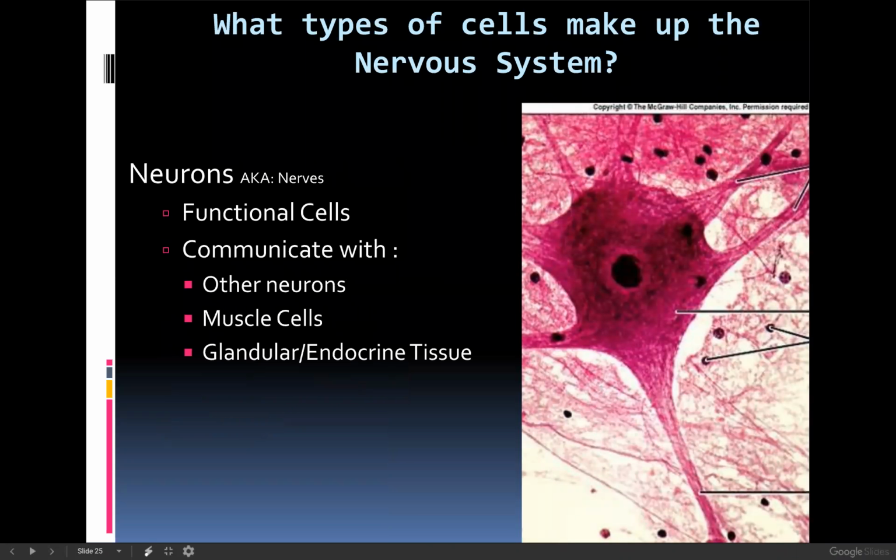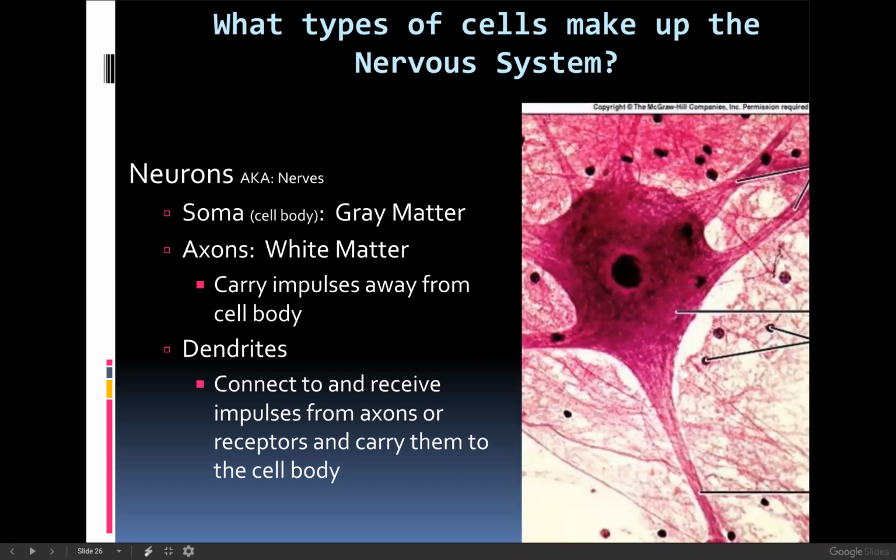Neurons, aka nerves, are the functional cells of the nervous system. They're communicating with other neurons, muscle cells, glandular and endocrine tissue in order to carry out all human physical and mental functions. It consists of a soma, or cell body.